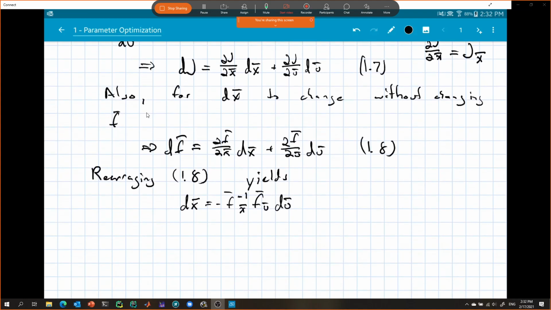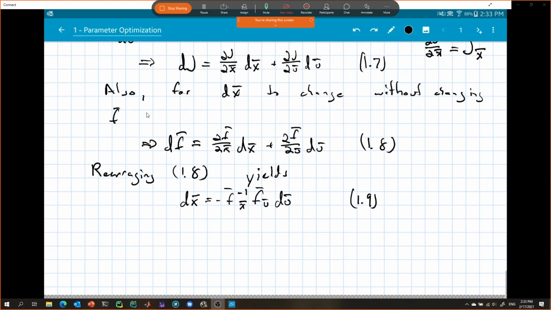So rearranging 1.8 grants you this here. There's a caveat that this is non-singular, if you can see my pointer here. But that is necessarily the result if you pick your states and your controls correctly, so that the states are determined by the controls.